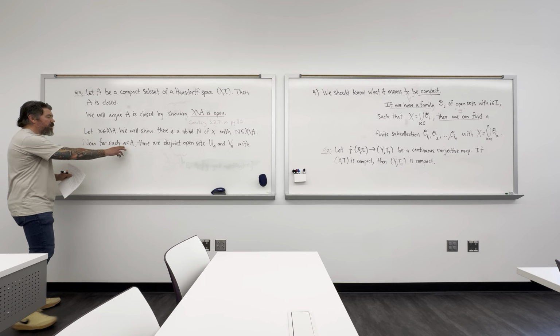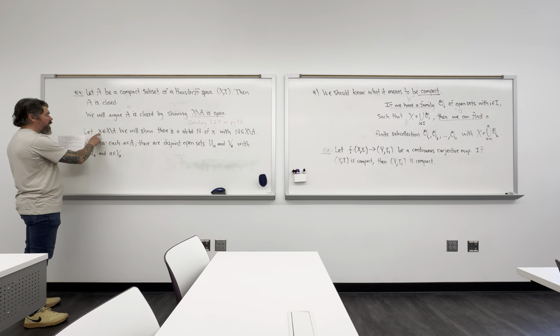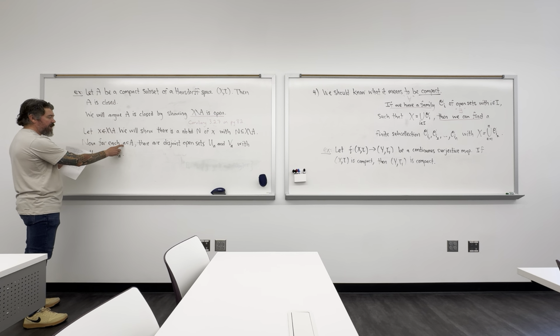And this is because (X, tau) is Hausdorff. So notice that x is in the complement, so x doesn't equal a for all of these a's.